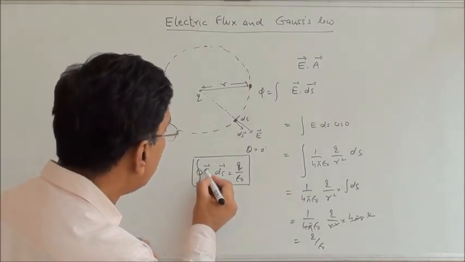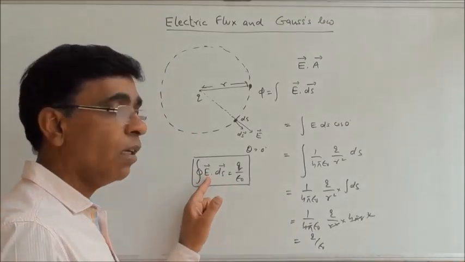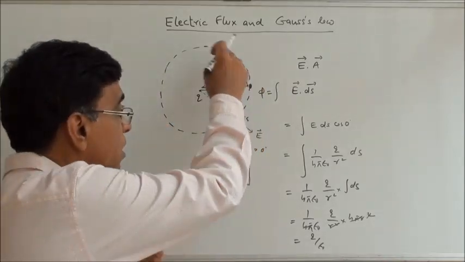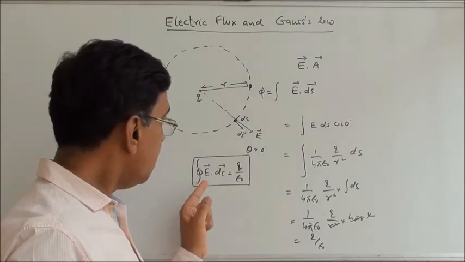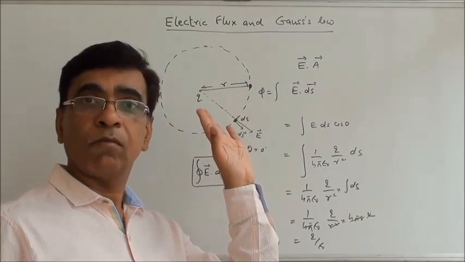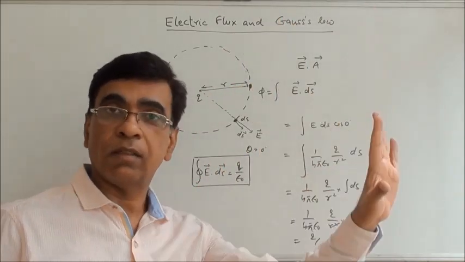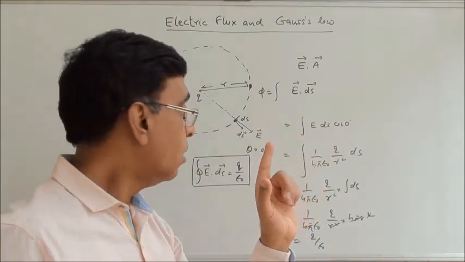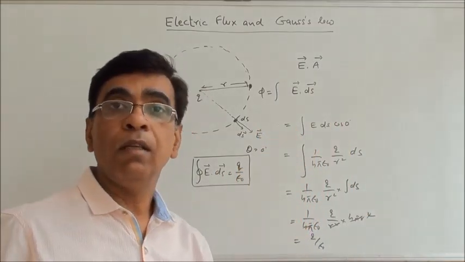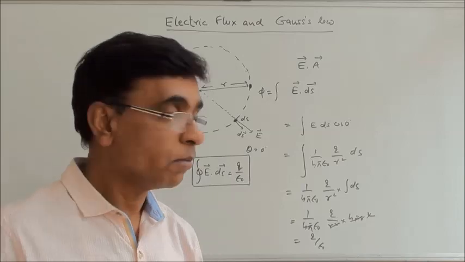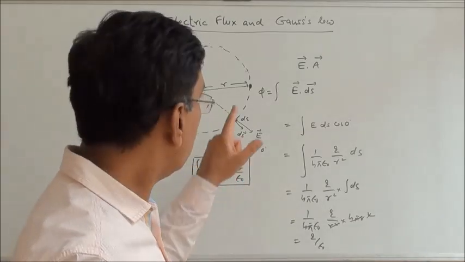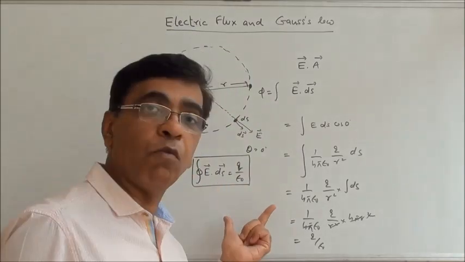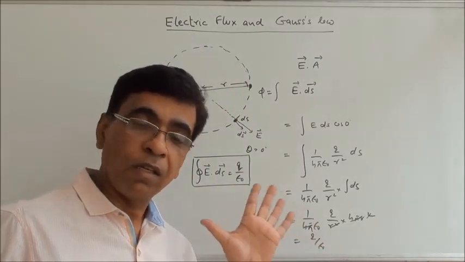On the left hand side we have the electric field, which is the value of the electric field on that surface. Q is the charge enclosed. E is the net field on that surface due to all charges, inside or outside. But this Q is only the enclosed charge. This is valid for all types of surfaces.